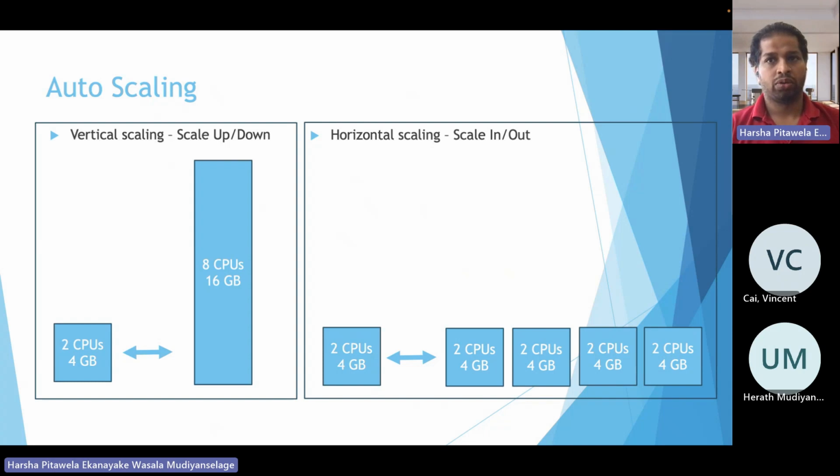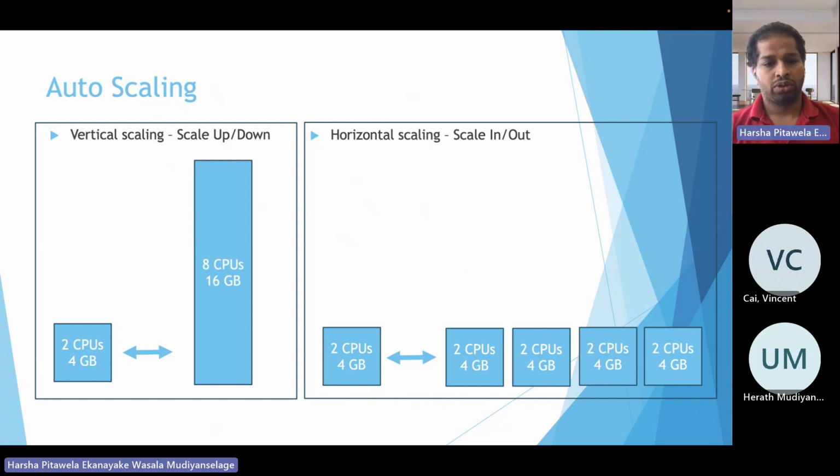Your users upload so many large files, or your program becomes so complicated it needs several threads running. So your CPU or memory utilization goes super high, and you will need to scale up.